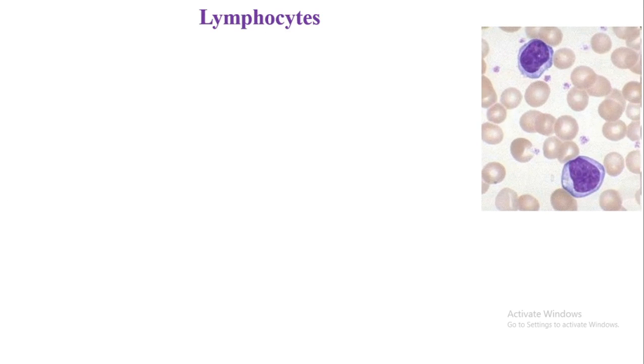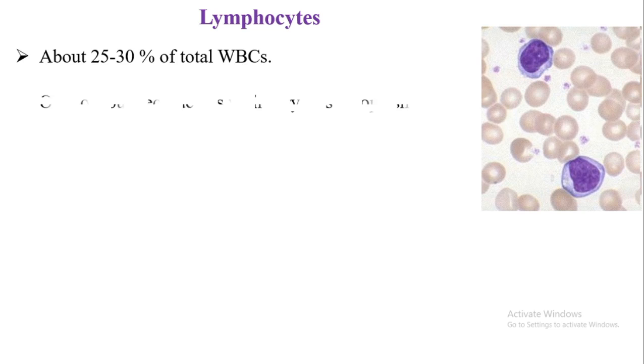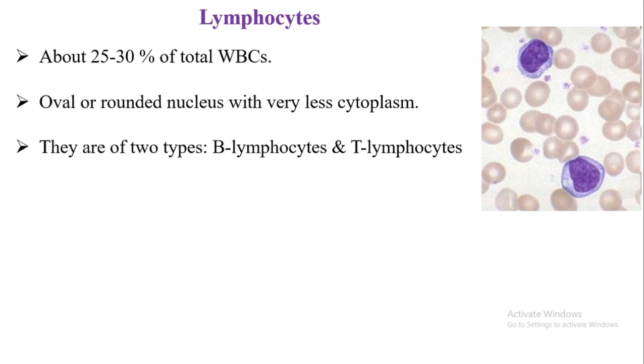Then lymphocytes. Lymphocytes are 25 to 30% of total WBC and they have an oval or rounded nucleus with very little cytoplasm. They are of two types, smaller and larger lymphocytes. The larger lymphocyte, whenever necessary, breaks into smaller lymphocytes.